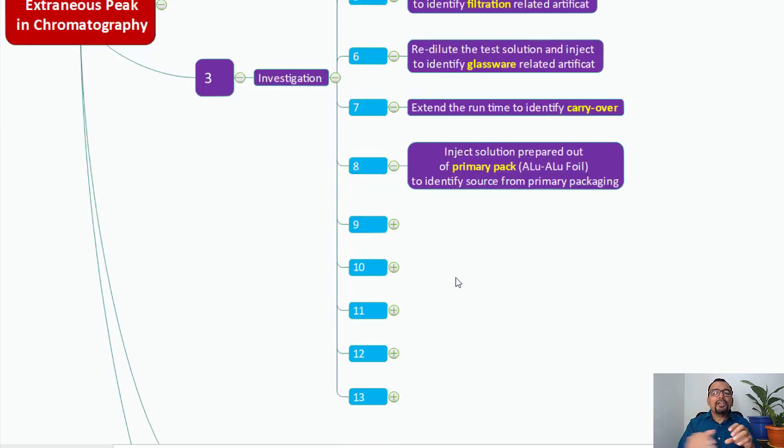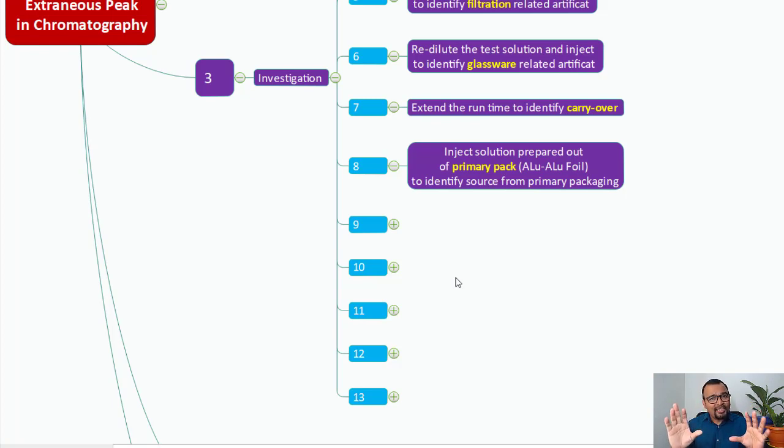Then inject solution prepared out of primary pack. So now you have identified that the origin is not because of glassware contamination or vial contamination. You need to think of the source as the primary packaging material, because this is the material which comes in direct contact with your product, and if there are some leachables coming out of the packaging materials, you need to identify those leachables.